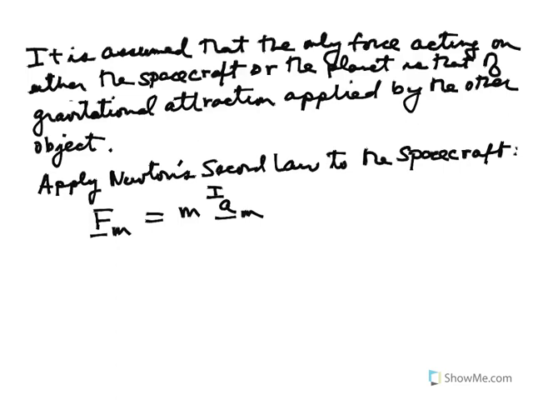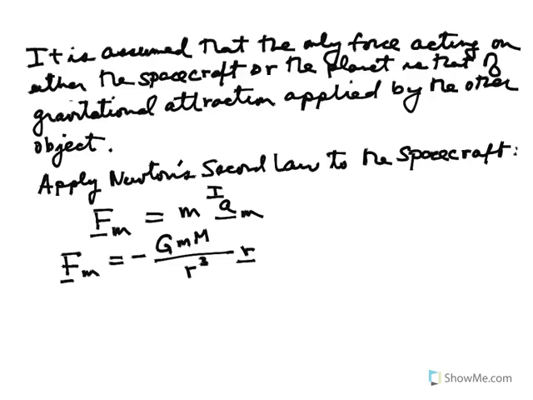But because the assumption is that the only force that's being applied to the spacecraft is that of gravitational attraction due to the planet, we know that F m, which is the force applied to the spacecraft, is equal to minus G times the product of the two masses divided by r cubed times r.